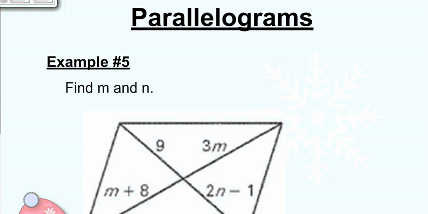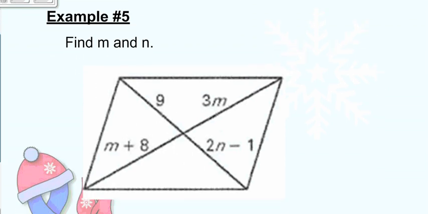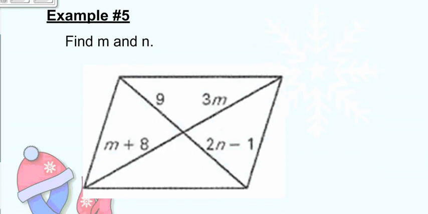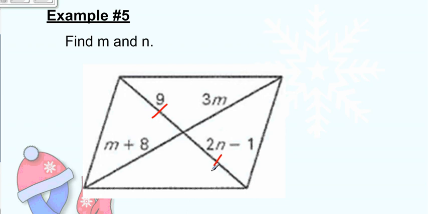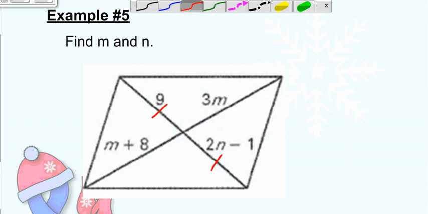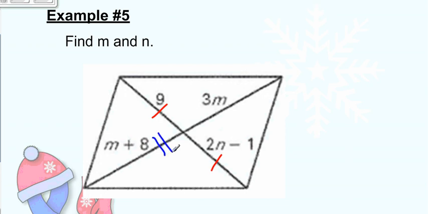All right, so let's look at an example here of the diagonals. It asks us to find the value of m and n. Remember, the diagonals bisect each other, so this diagonal is congruent to that one, and this one will be congruent to that one.